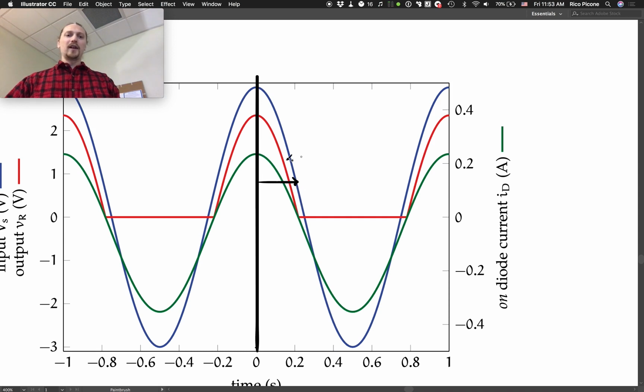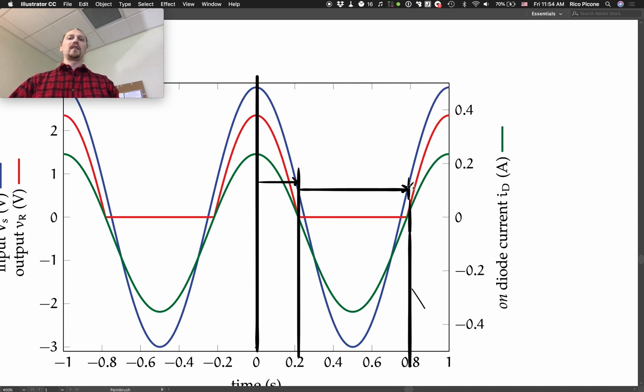And then we said it turns off after 0.218 seconds, and then it's going to be off. We didn't solve for when it turns back on, but we could with essentially the same procedure and see that we would get a repetition of the same waveform over and over again.